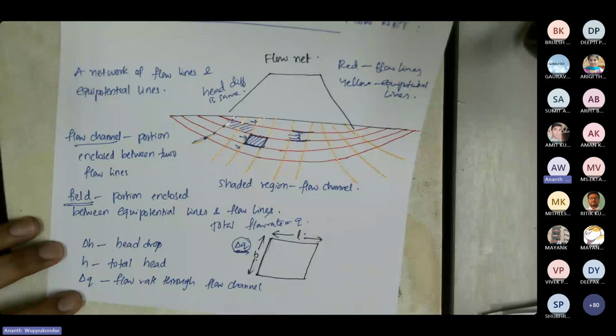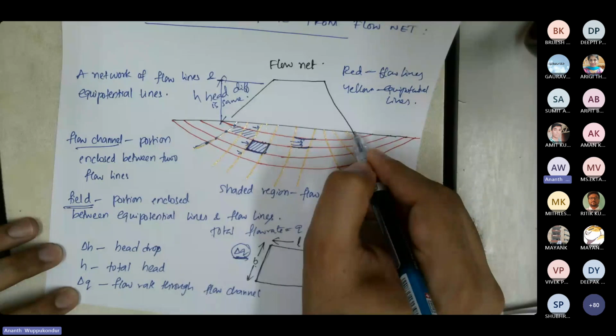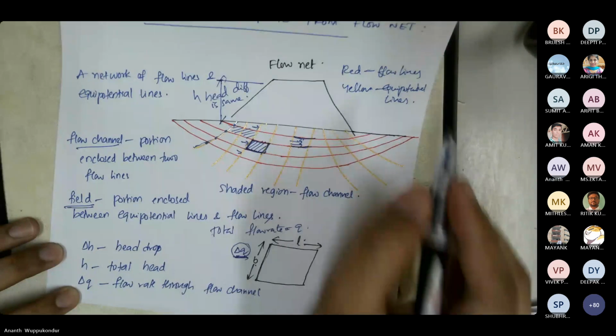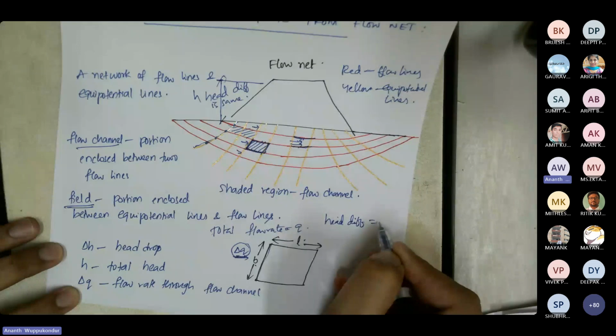And similarly, let us say on the upstream we have a water level up to height h, and on the downstream there is no tailwater. Then the total head difference is going to be h.